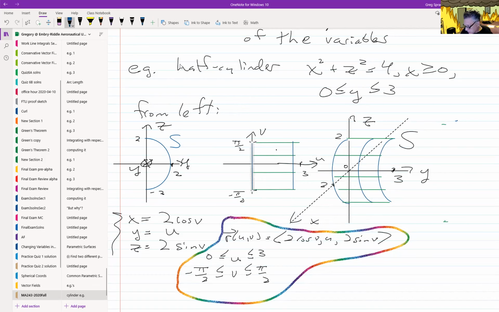Draw some of those grid lines. So the blue grid lines get sent to the blue arcs on the surface, and the green grid lines get sent to the green line segments on the surface. And every rectangular patch on the left gets sent to a cylindrical patch on the right.